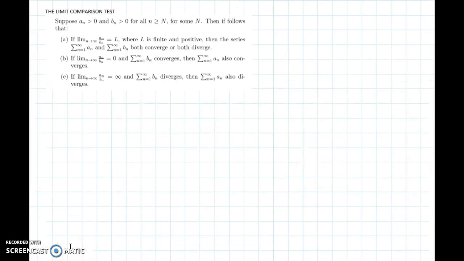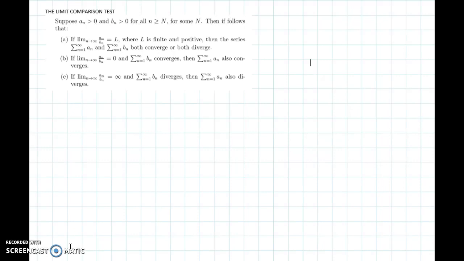So this is the statement of the limit comparison test. We have two sequences, a_n and b_n, with positive terms, both of them, at least after some term capital N. And then the result we have is the following. Let's say that we look at the limit as n approaches infinity of the quotient between the sequence a_n and the sequence b_n.